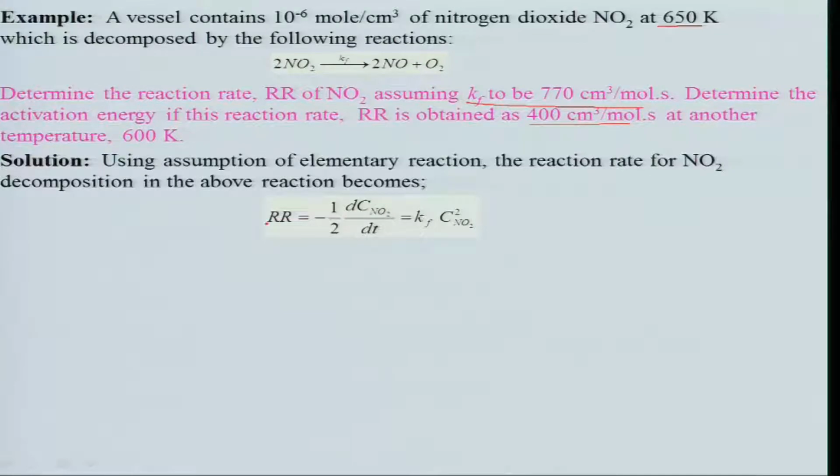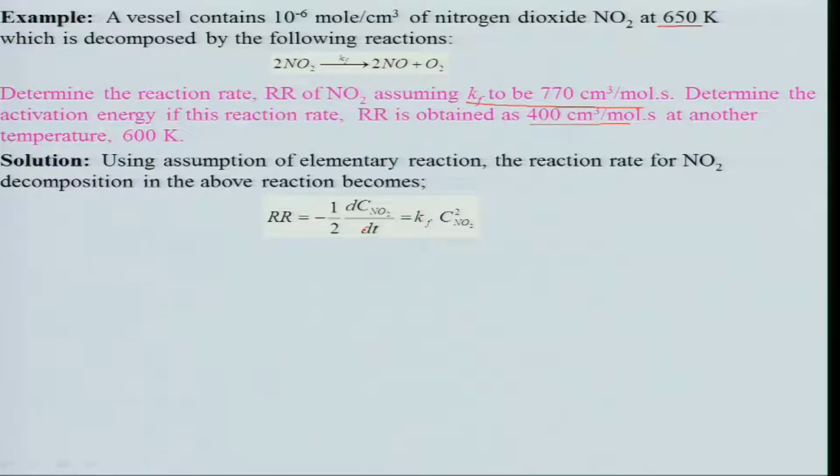So, reaction rate is equal to minus half dCNO2 divided by dt. What is it saying? This is the rate of change of concentration of NO2 with respect to time.